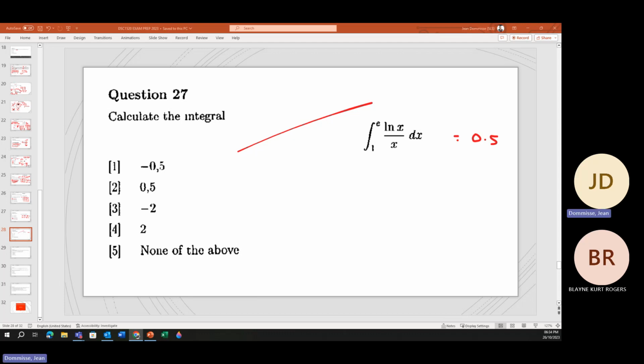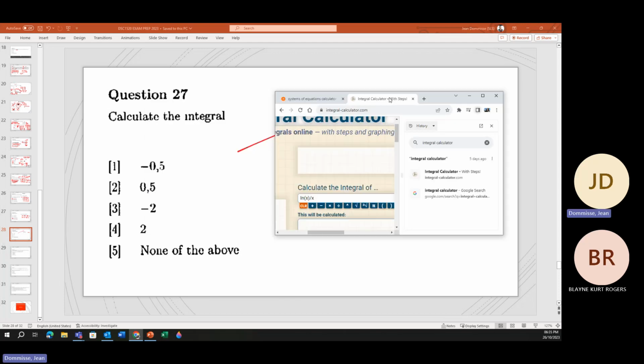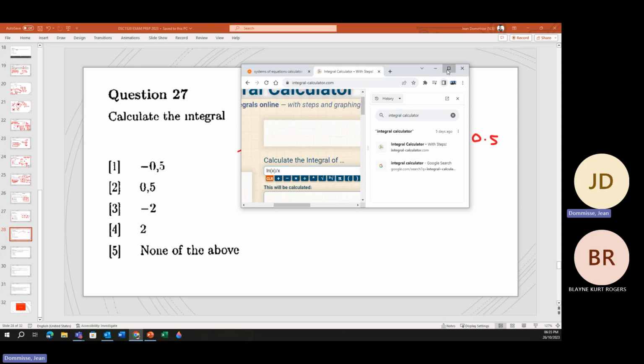So integral of, so let's say ln x divided by, okay, so again just showing it.